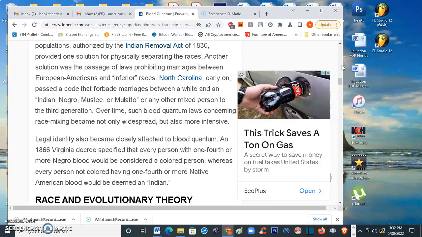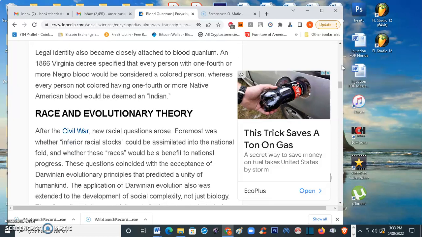Okay, so this is how you have this taking off your land, taking off your titles. This is what they used to take away your status as the original people of the land, okay? Legal identity also became closely attached to blood quantum, and an 1866 Virginia decree specified that every person with one-quarter or more Negro blood would be considered a colored person, whereas every person not colored having one or more Native American blood would be deemed Indian.